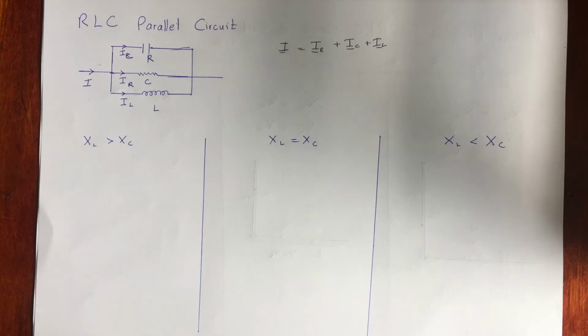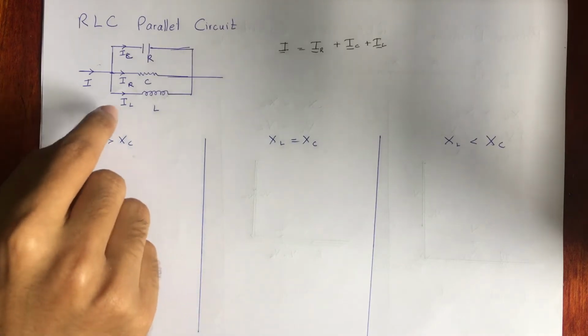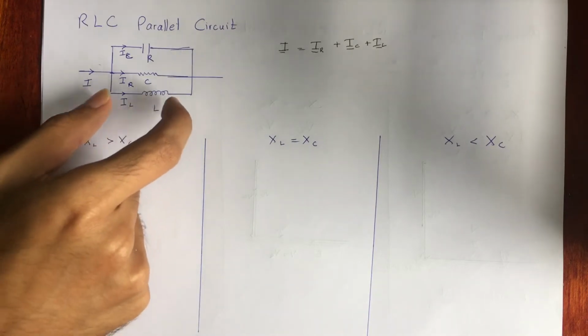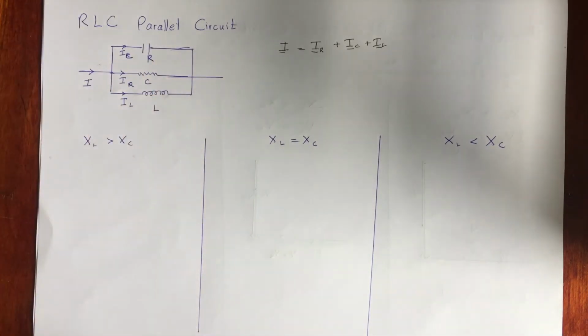In the previous video, when we discussed the phase diagram for the RLC series circuit, we drew the current as the reference line. Here, we are going to take the voltage as the reference line. The reason is that we know the voltage across these three elements is the same, which simply means it's not going to change for these three.